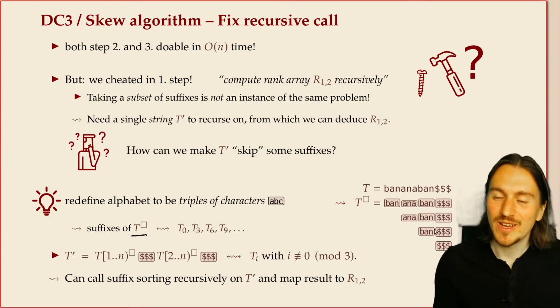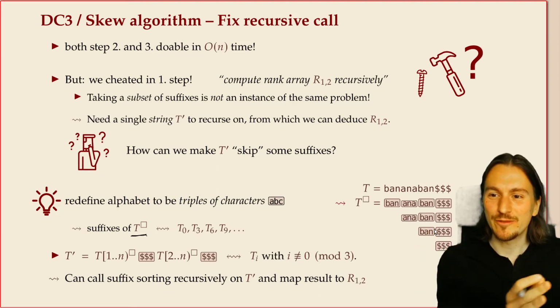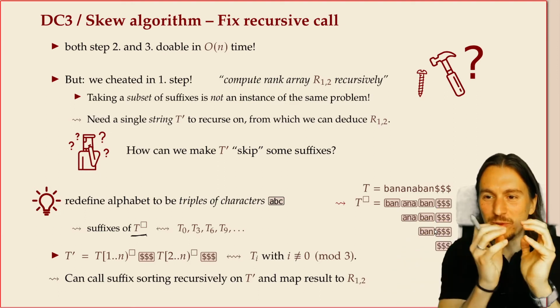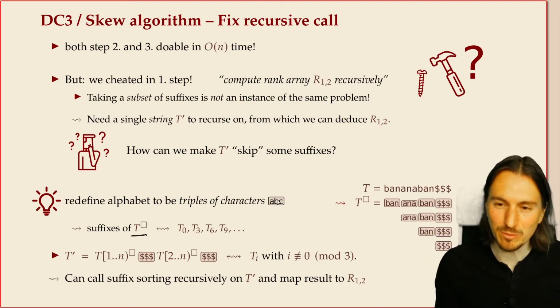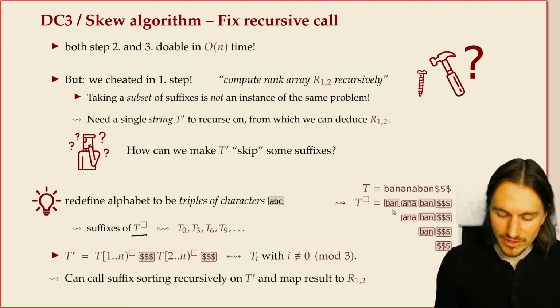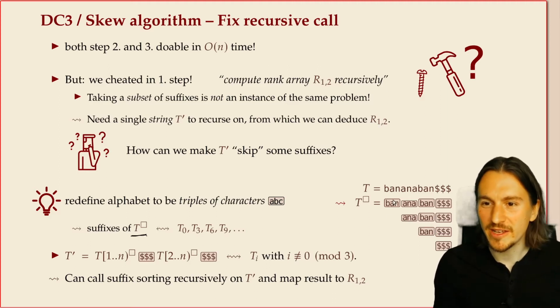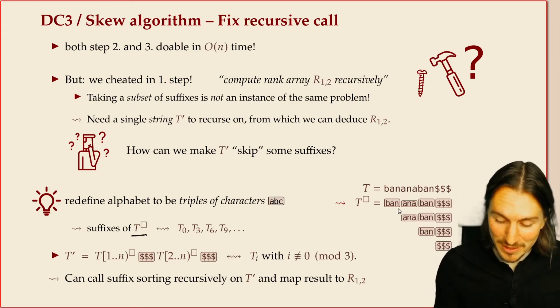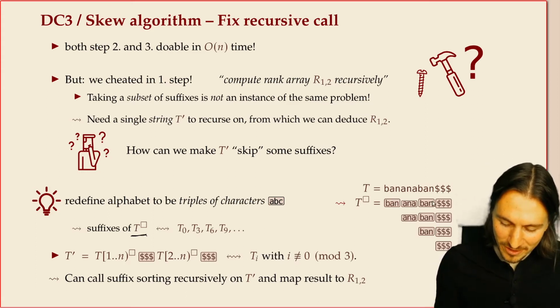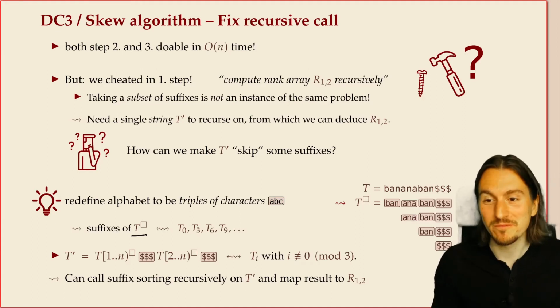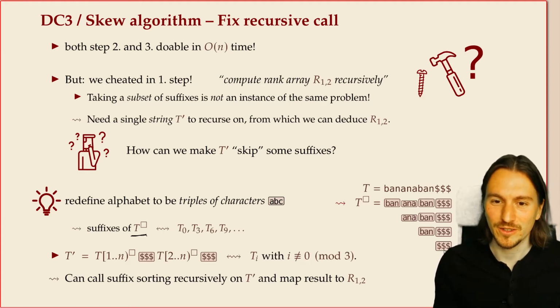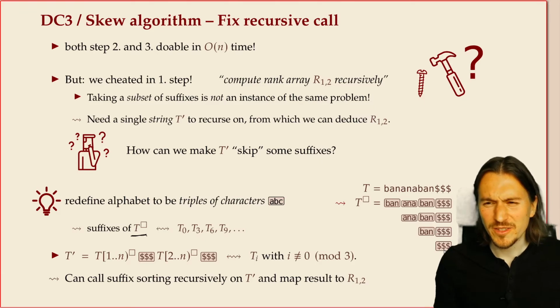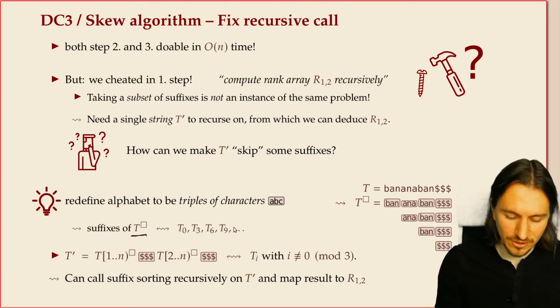We can emulate this skipping suffixes by grouping characters together and making these boxes around them. So instead of the alphabet B, A, N, and $, we now have the alphabet of ban, of ana, of another ban, of $, and all the other triples that might occur in your text. So this would be fine for recursing on all those.